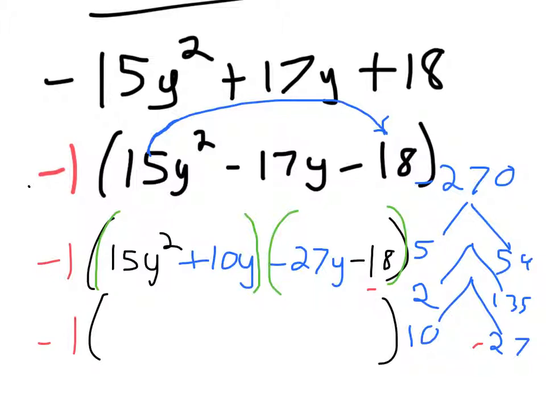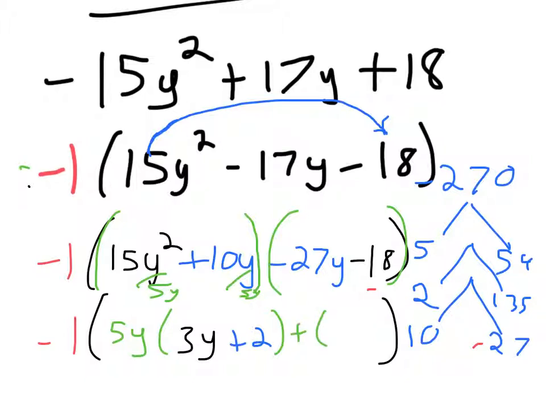This is all in a bunch. And in the first green parentheses, we have 15y squared and 10y. Those both have a y, and those both have a 5. So I'm going to divide a 5y out of both of those. And what's left over is a 3 and a y in that first term, and a 2 in the second one because we divided out the y.